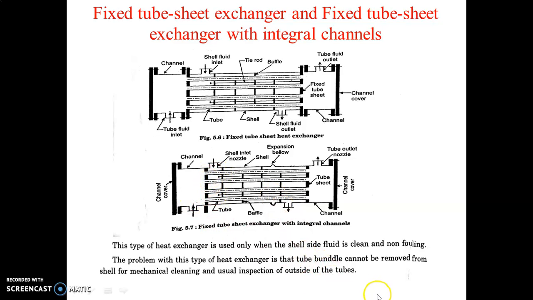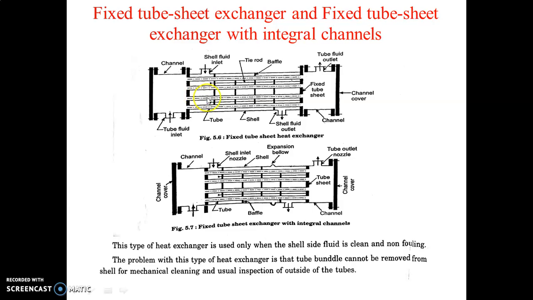And why are we removing this tube bundle? The tube bundle is removed for mechanical cleaning. So you have to clean the tubes from inside and outside, and also inspect the tubes from outside. That means checking for some leakage or some loosening taking place at the tube sheet. Sometimes, because of heat, these tubes lose contact with the tube sheet. So for that purpose also you have to check the tubes from the outside. And why is cleaning necessary?